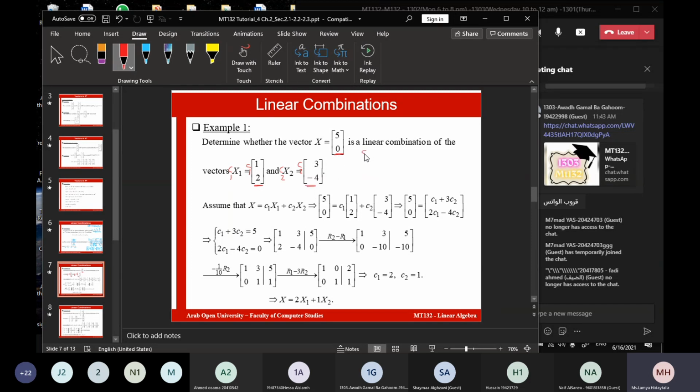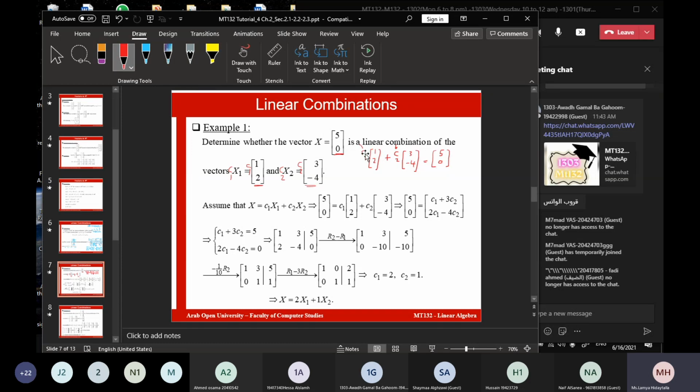That means c1 times the vector 1, 2 plus c2 times the vector 3, minus 4 should give me the vector 5, 0. If I find these two numbers, then I'm done, and I will say that this vector is a linear combination of those.